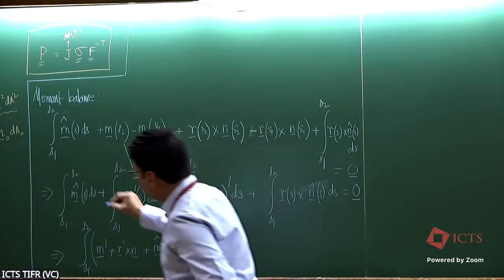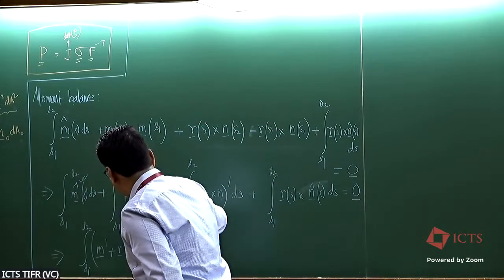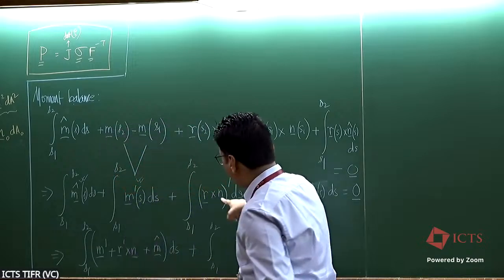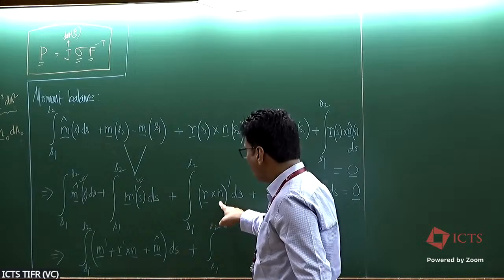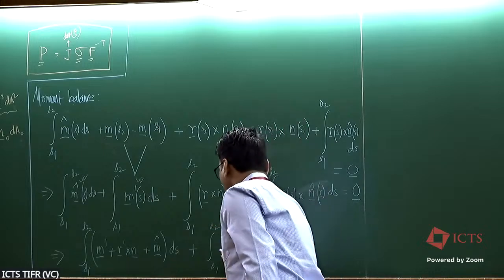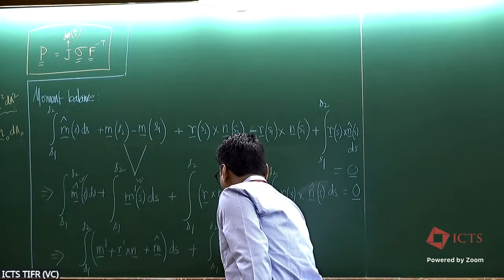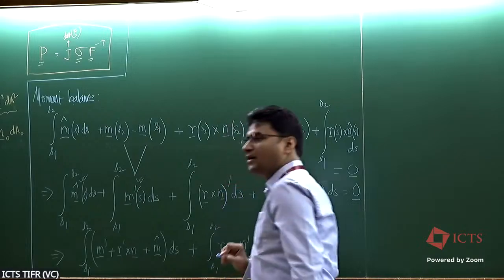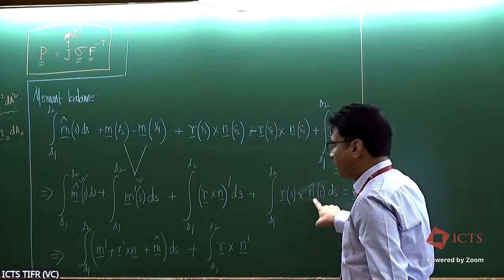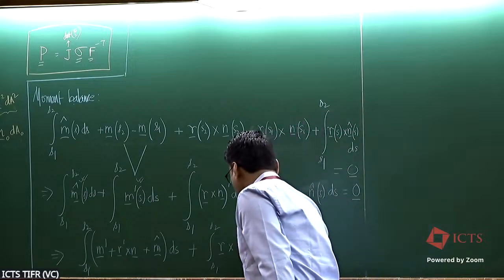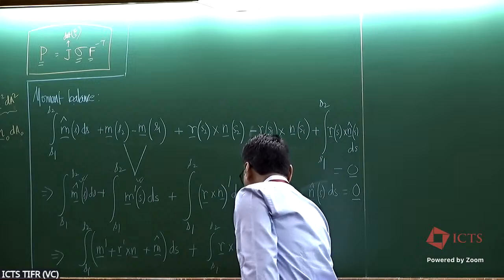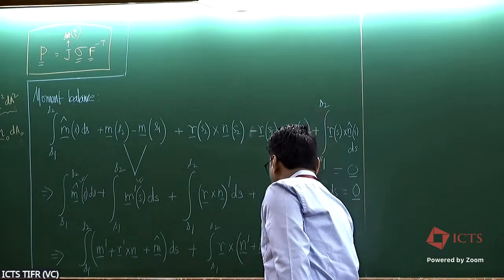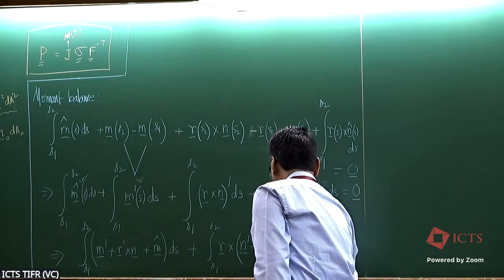See, I have covered this, I have covered this, and I have covered one of them over there. The next one is r cross n prime. That comes here, r cross n prime. And also r cross n hat. So together, it's going to become r cross the quantity n prime plus n hat, ds, equal to 0.